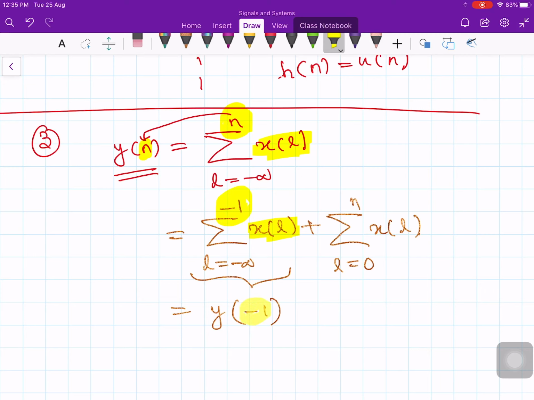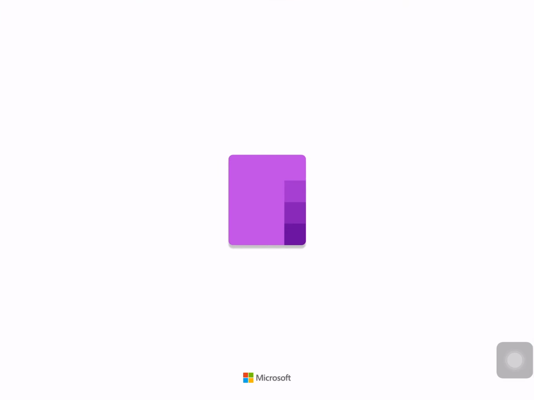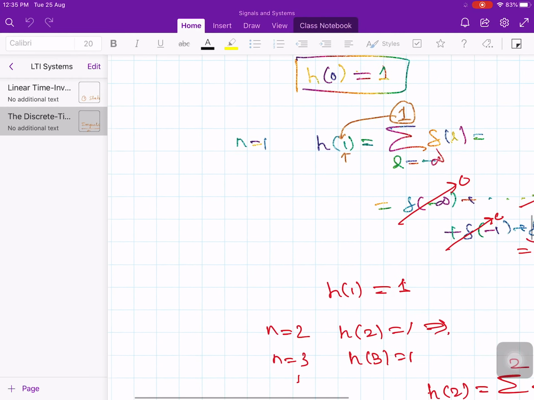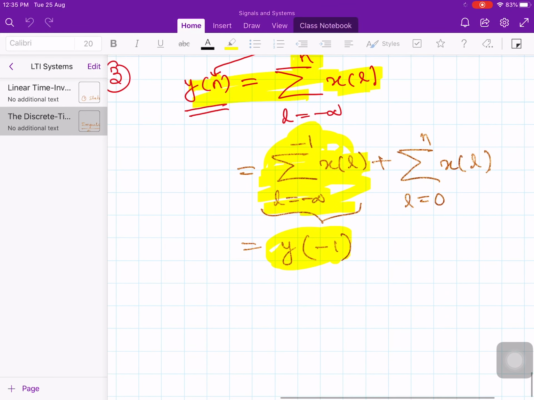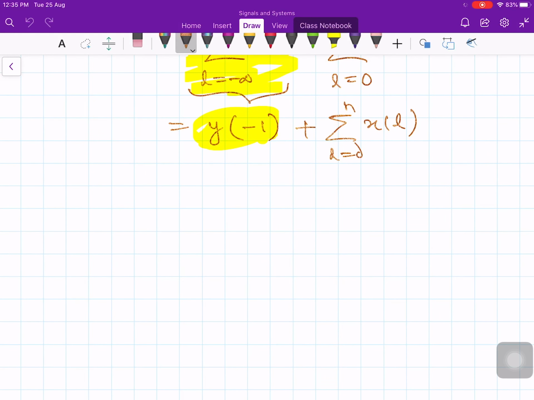Therefore the first summation part I can replace by y of minus 1, taking the definition from this one, plus sigma L equal to 0 to n, x of L. So y of n is equal to y of minus 1 plus sigma L equals 0 to n, x of L. This is my new form of accumulator.